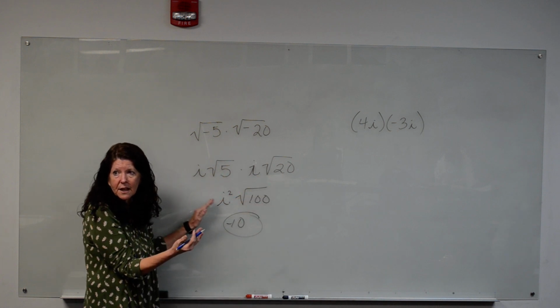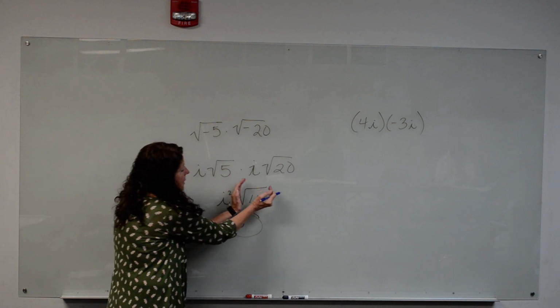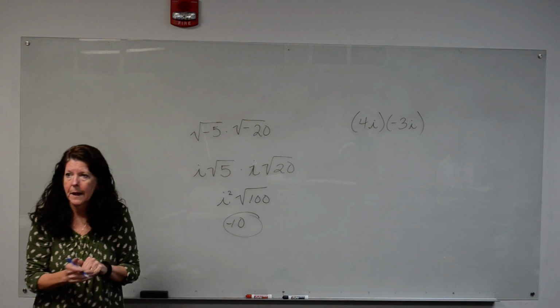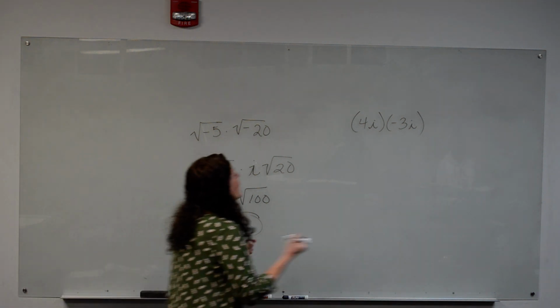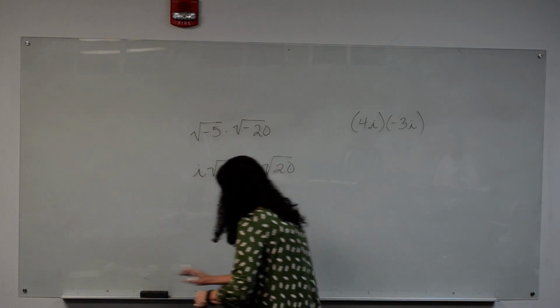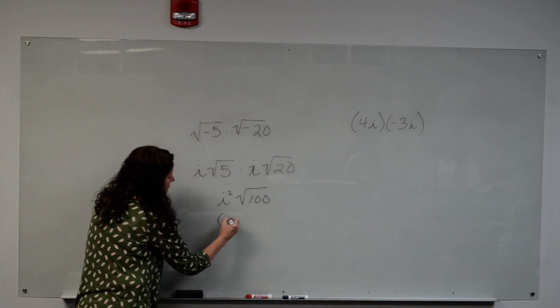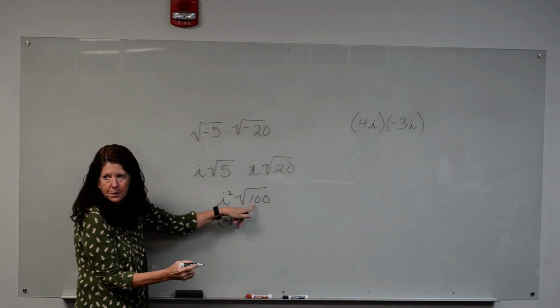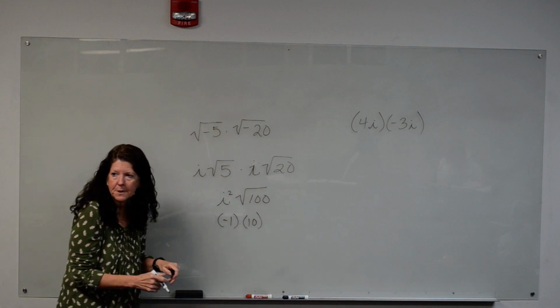Square root of 100 is 10, so it's negative 10. You lost me on the last part. Okay, hold on. What's I squared equal to? Negative one. What's the square root of 100 equal to? So what's negative 1 times 10?